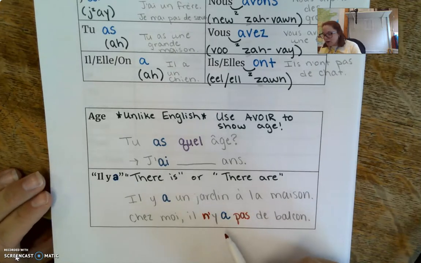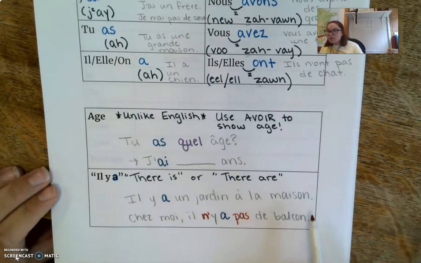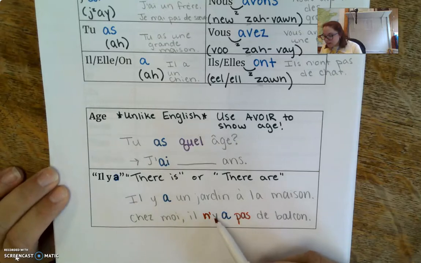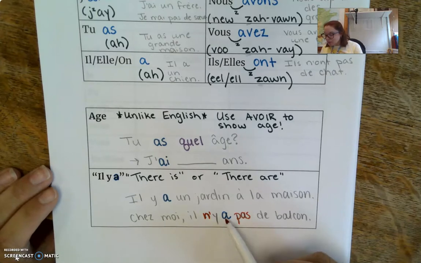So I know we've talked about how we make these negative sentences. Most of the other words in your sentences, they're going to be outside the sandwich. They're not part of it. But in this case, y, think of it as an extra bonus topping in your sandwich that you only get once in a while. So in most negative sentences, there's not going to be anything else in between the ne and pas, or n apostrophe and pas, other than your verb.